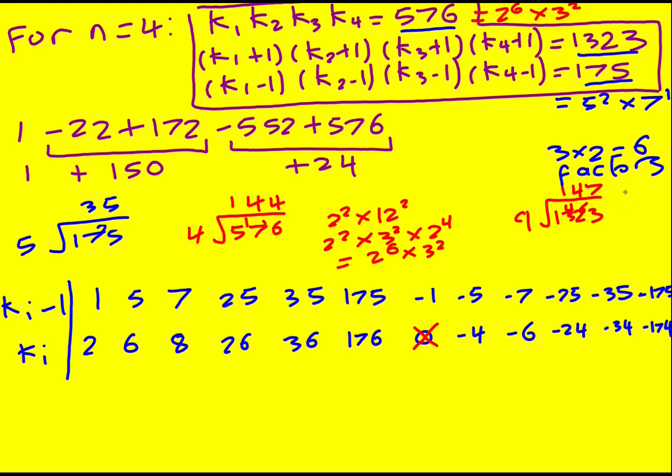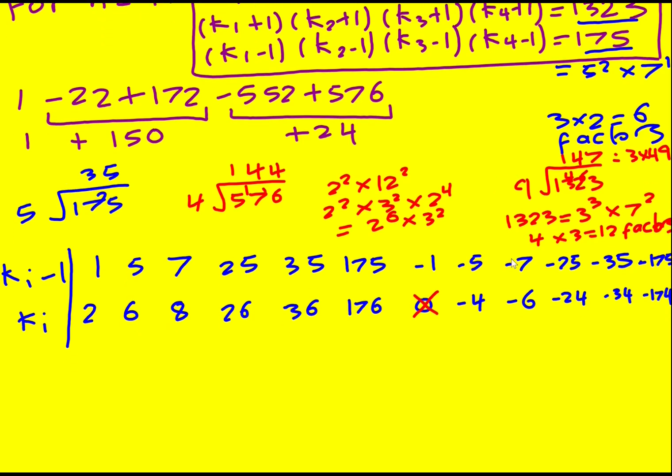And then 3 goes into this. Actually, it's 3 times 49. So I get 1323 is going to be 3 times 3 times 3, or 3 cubed, times 7 squared. There's going to be 4 times 3, 12 factors. All right, there are more. And of course, we've got the negatives as well to deal with. I think we need to do that.